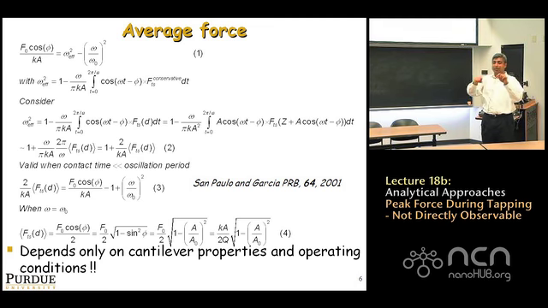At the bottom of the swing, what is the tip position? So the tip position is doing this. At the bottom, it's interacting. What's the rough value of the tip position during the interaction? It's negative A, right? Most of the interaction is happening at the bottom.